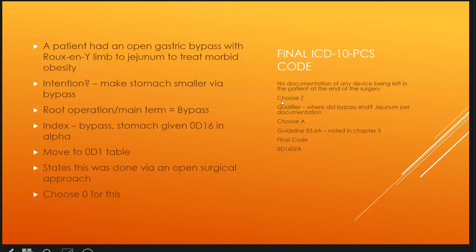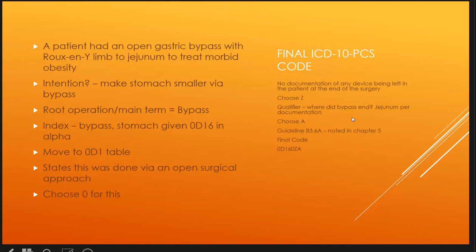In your textbook in chapter 5, it talks about the qualifier value when you're coding bypass procedures, and there are differentiations between bypass that are cardiac versus other bypass. It gives you some information about what that means for stomach procedures. In this case, the qualifier value for a bypass is something that's not cardiac.